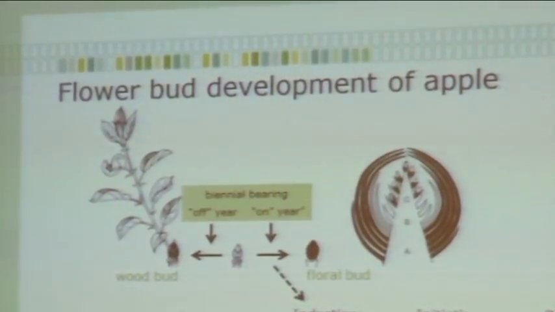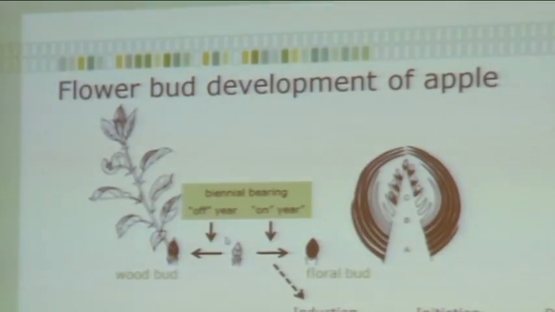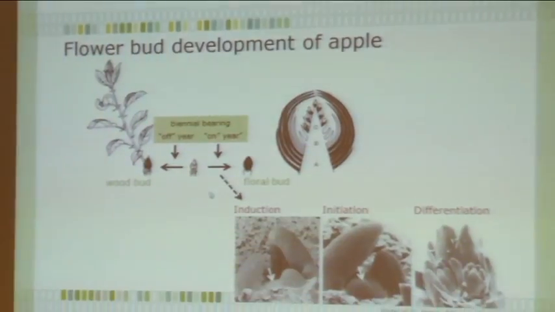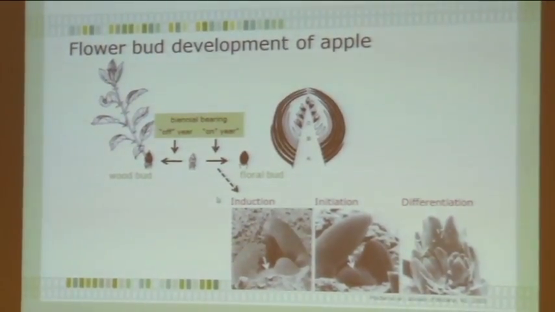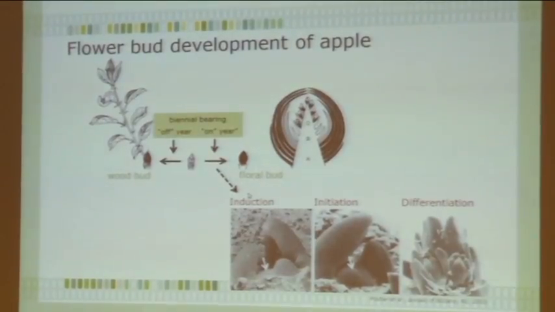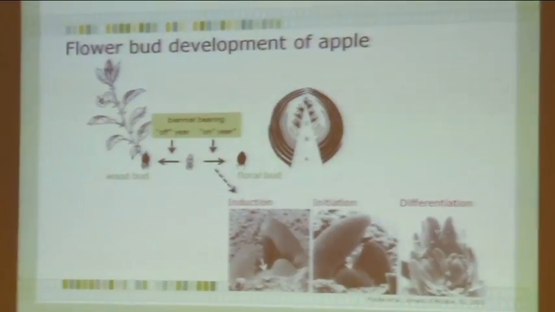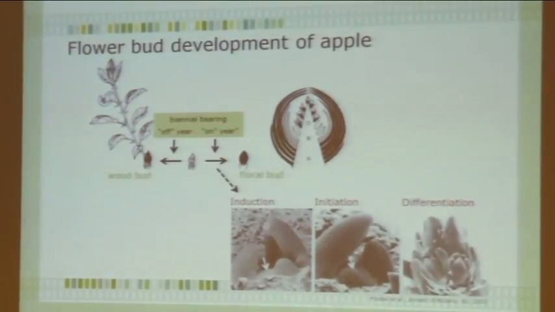Now, to make the transition from a competent bud into a floral bud, the bud needs to undergo three distinct phases. First, the induction, and this is where very specific changes at the molecular and biochemical level occur.